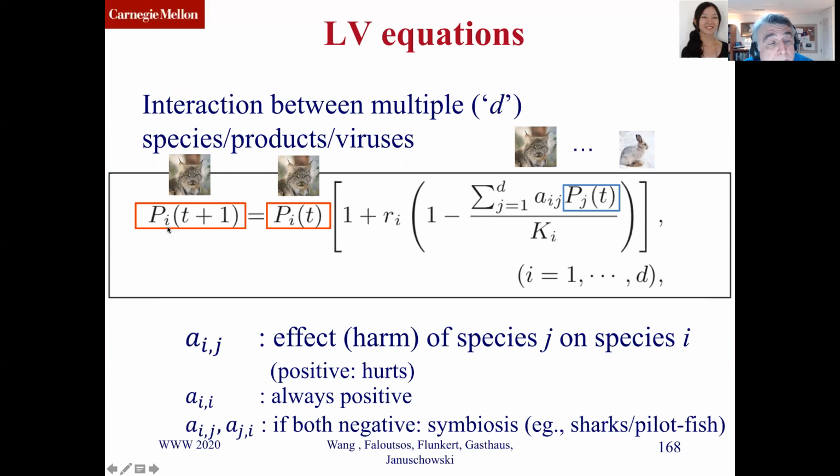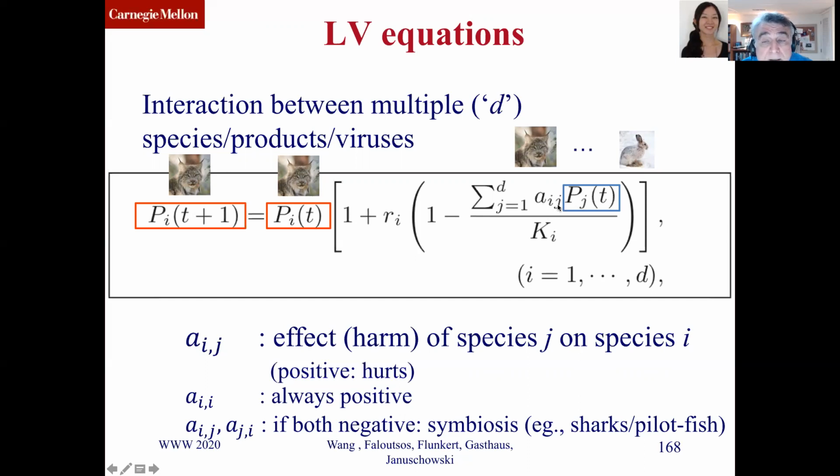Suppose we have D species, so the population of lynx for next year will depend on the population of lynx for this year, and also on the reproductive rate of lynx, how many baby lynx are generated in a couple, throttled down by how much harm other species do. So Aij is the harm factor of species j, rabbits, to species i, lynx.